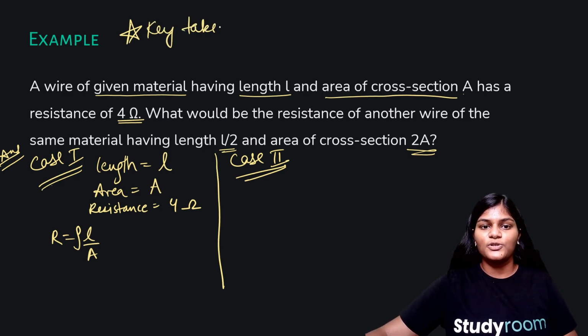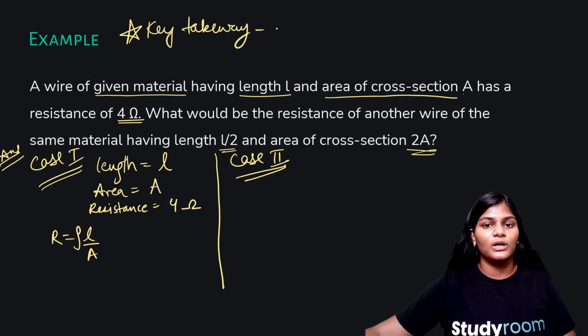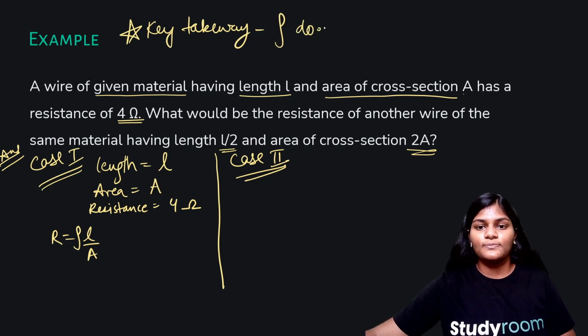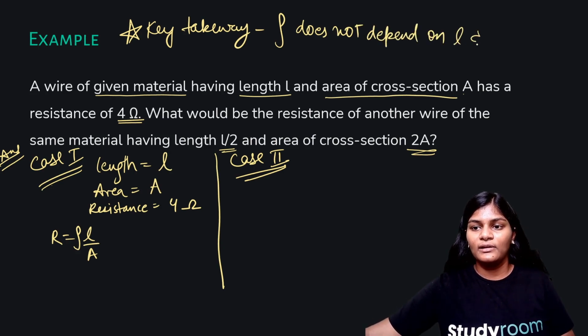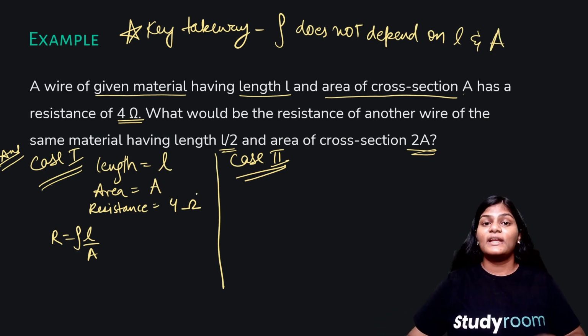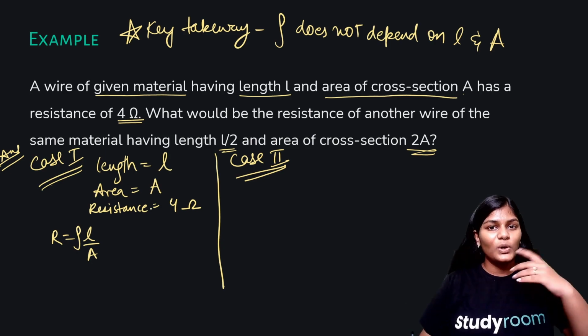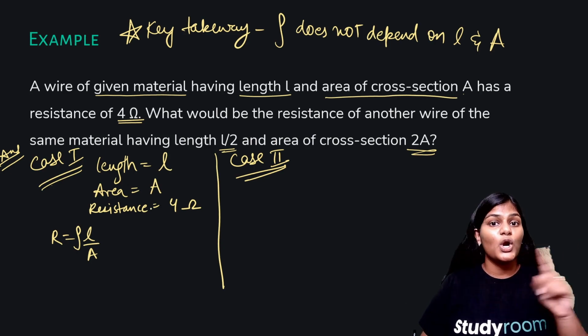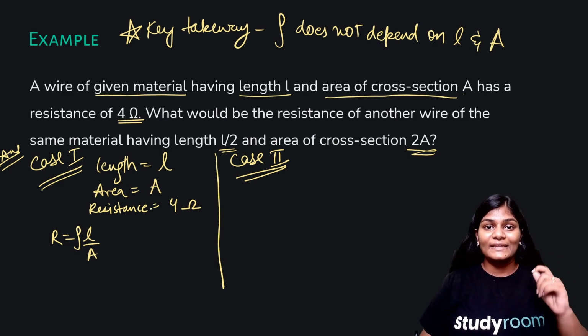What is the key takeaway? The most important thing you learn from this question is resistivity does not depend on length and area. Okay, resistance depends on length and area. Resistivity, because it's the constant of proportionality, does not depend on the length and the area.